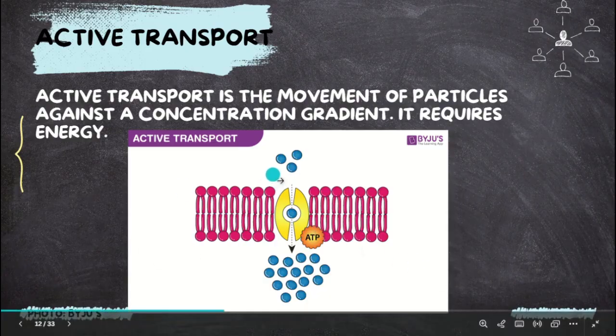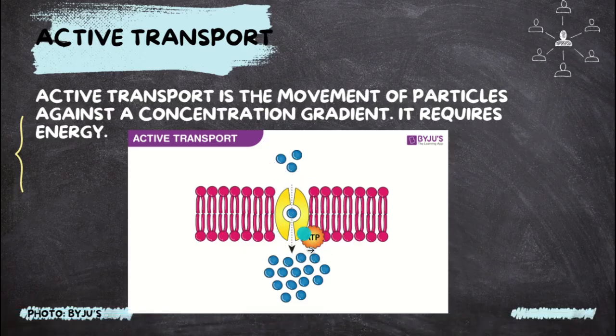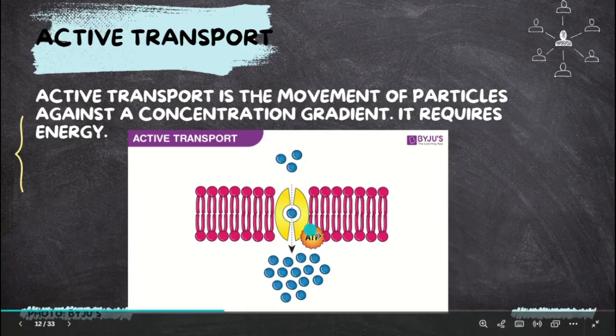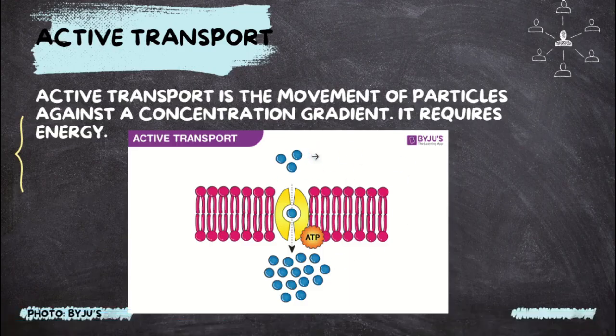The key thing is ATP, and it uses a channel also in order to move these substances. But the next main thing about active transport: in diffusion and osmosis, we said that we move from an area of high concentration to an area of low concentration. With active transport, it's actually the opposite. We're moving from a low concentration to a high concentration.